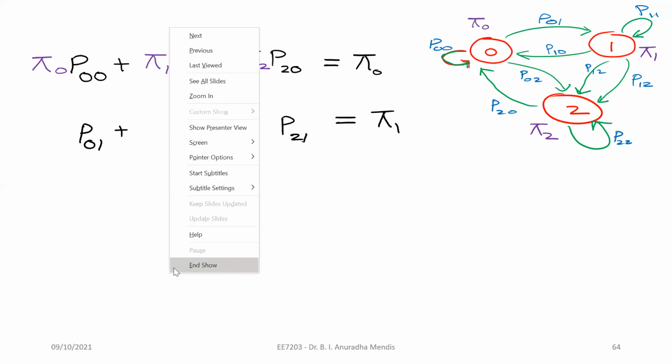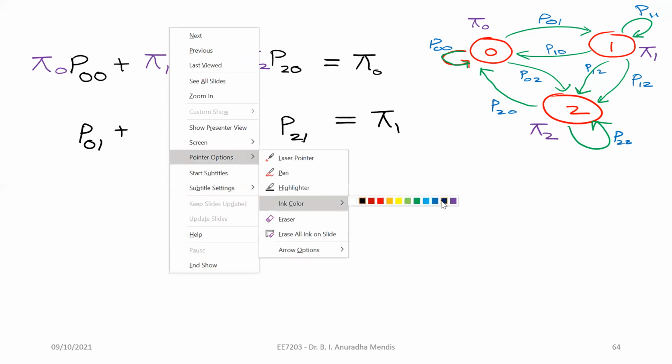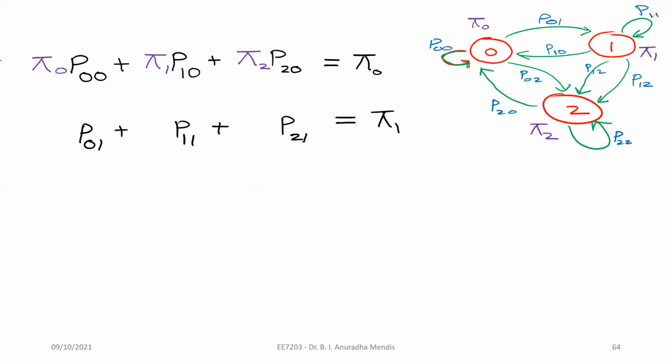But there are some probabilities that all these cases can happen, no? First, state 0, that means here phi 0. If you are firstly at state 1, then it should be phi 1.